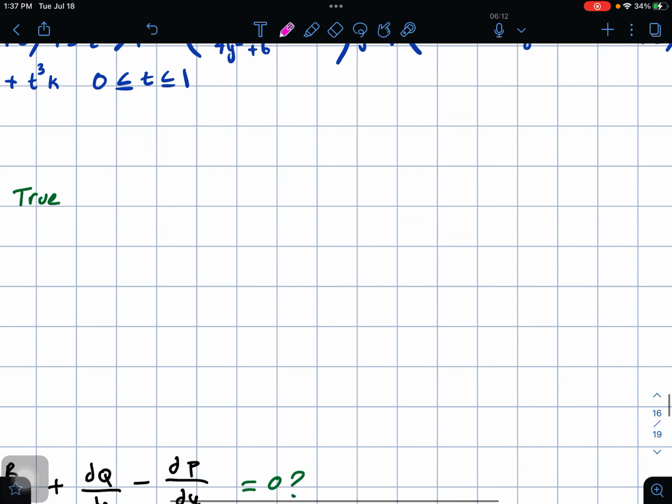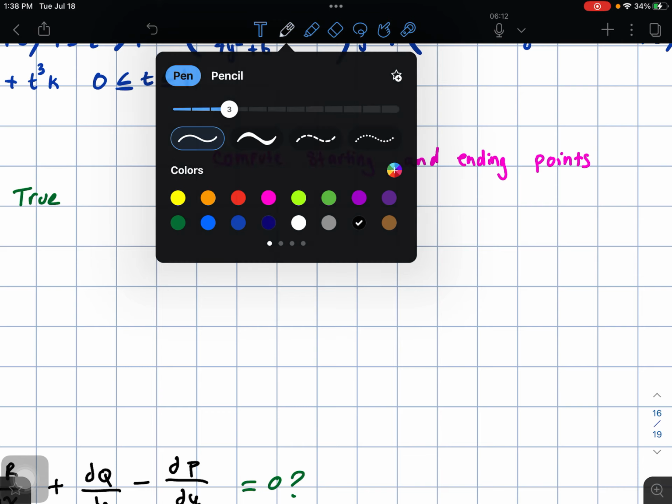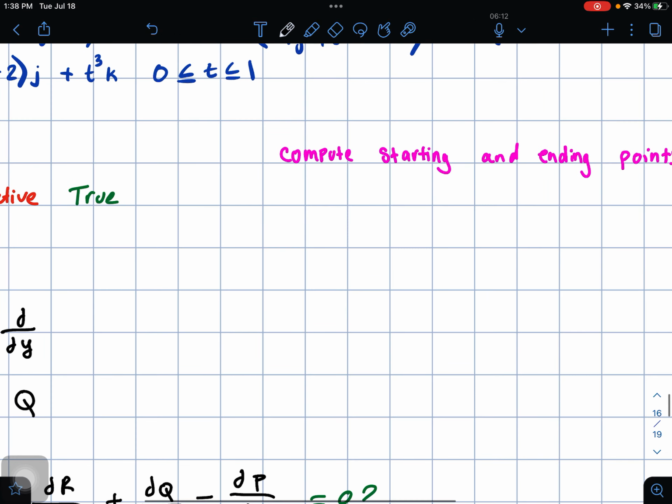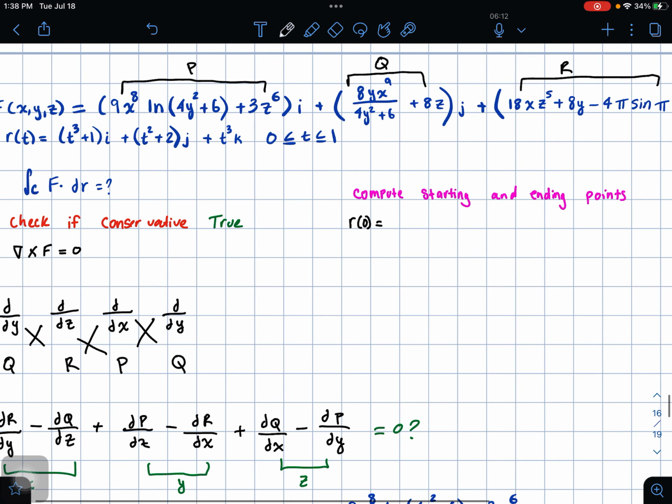Compute basically the starting and ending points. So let's do r at 0. It's just a parameterization as well.